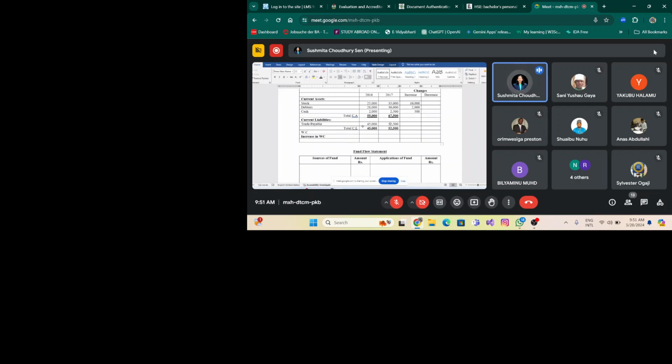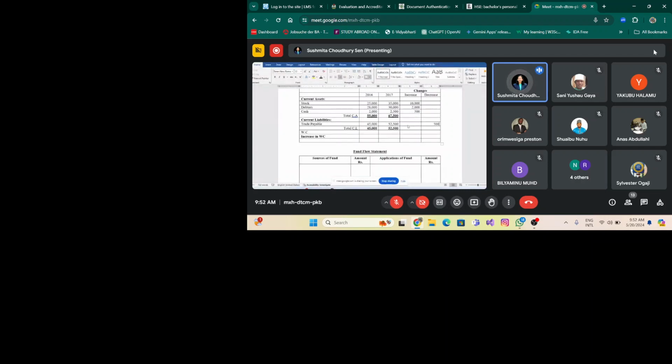So if your liabilities are increasing, don't treat it as an increase; rather, vice versa, you put it in the decrease side, and if your observation says it is decreasing, then you write it in the increase side. Always remember the liabilities entries are on the vice versa side.